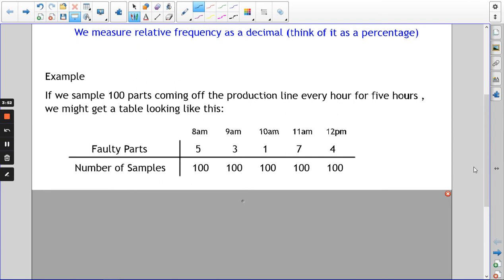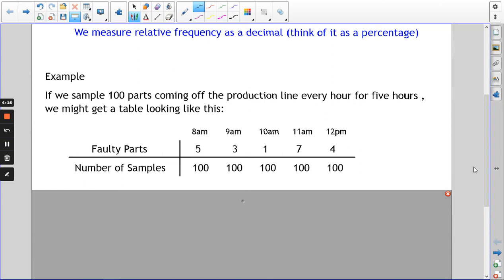So here's my example. If we sample 100 parts coming off the production line every hour for 5 hours. I've got somebody sat on the end, and as things come down the conveyor belt, they give them a quick test and they record how many are broken. Every hour they take 100 parts off the production line. So at 8 o'clock we took 100 parts off, 5 of them were broken.